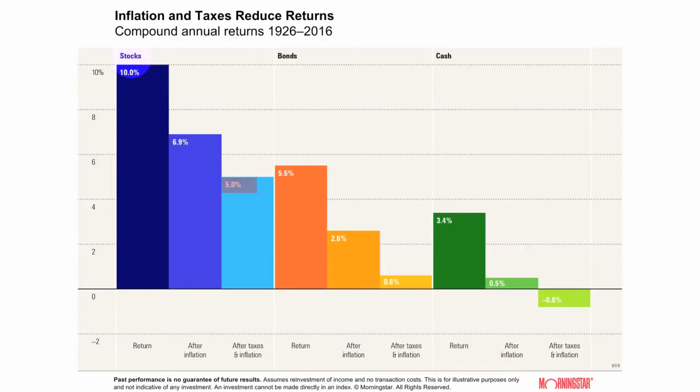If we look in the bond category, the gross or the total return was 5.5%. After inflation, it was 2.6%, and after inflation and taxes, the return drops all the way down to less than 1% at 0.6%. And lastly, as you can see, in cash, the actual after taxes and inflation return is negative.